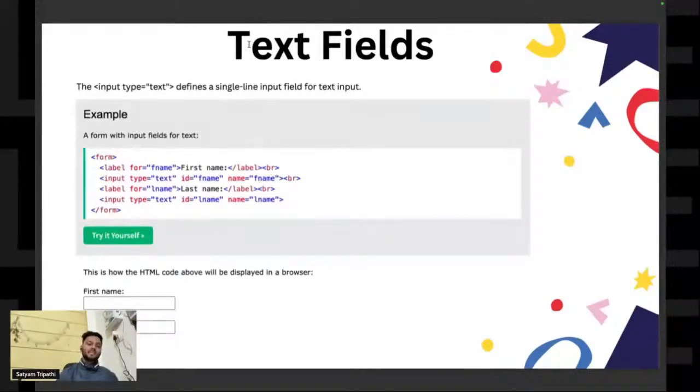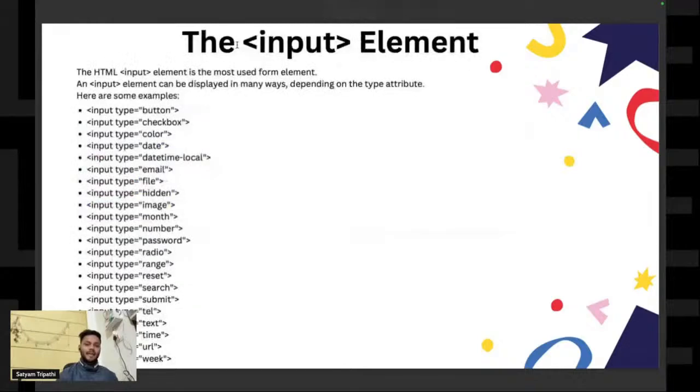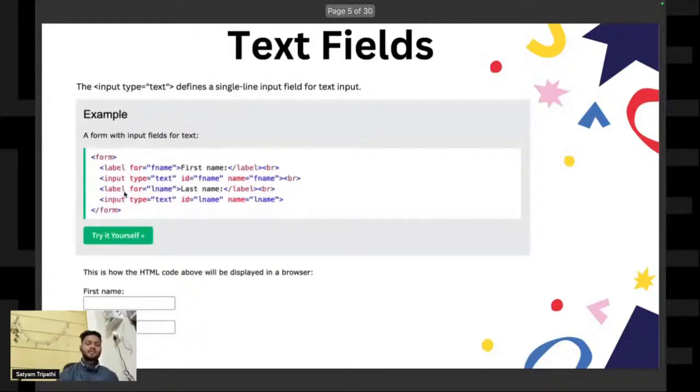Now let's click on the next one. Text field is there, right? First we are talking about a text field. Let us say this is the code for how you create forms, with the help of this form tag that you see over here.